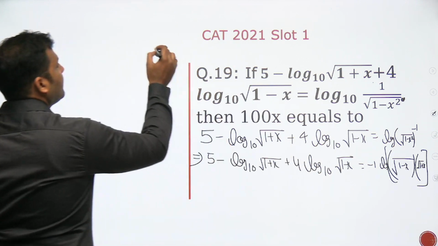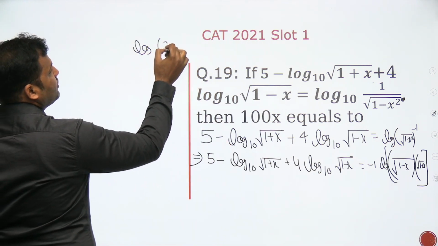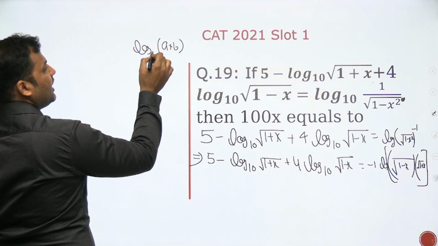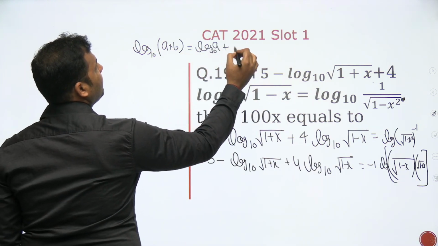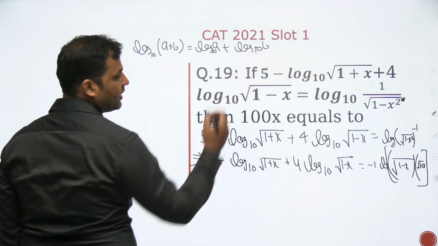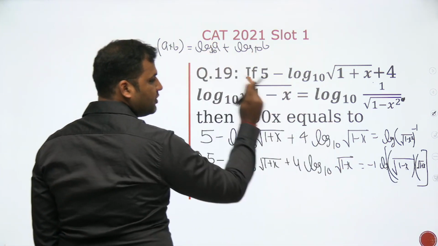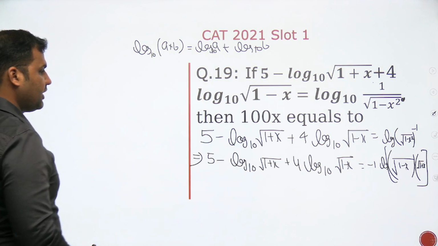Now you must know that log of a multiplied by b to any base, let's say 10, is equal to log a to the base 10 plus log b to the base 10. So simply apply this rule on this. I'll write down here.